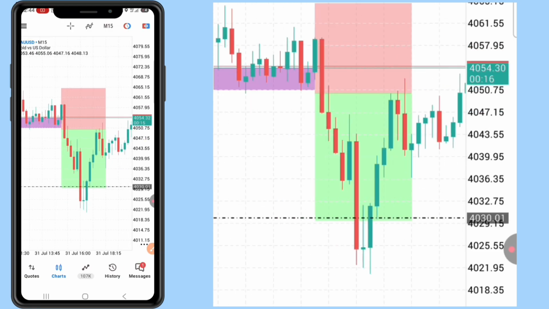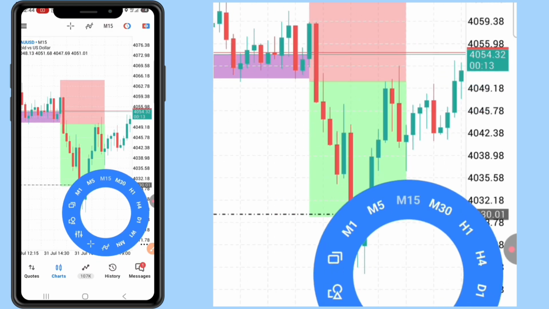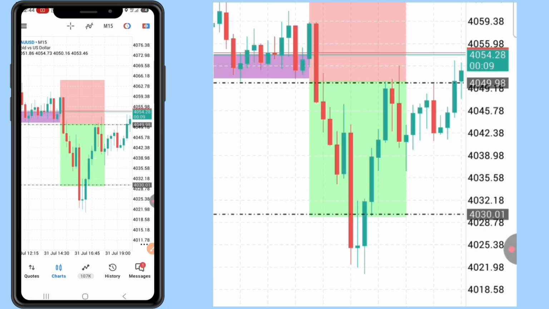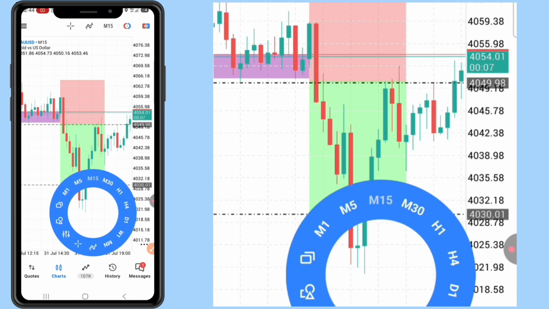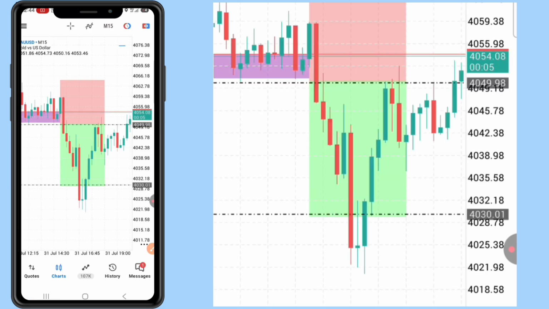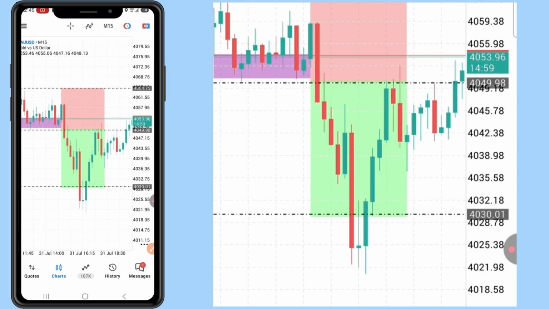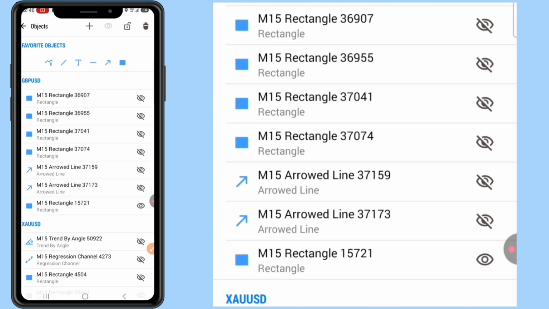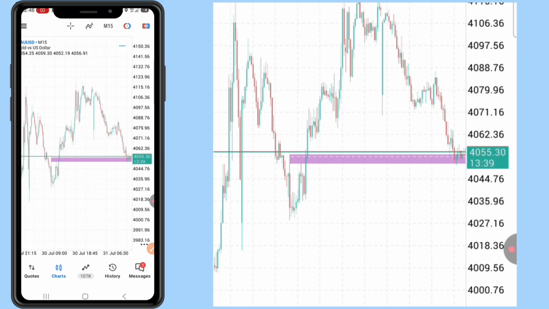Now to make it clear, allow me to draw a line again to identify our entry and to identify our stop loss. Okay, right here.